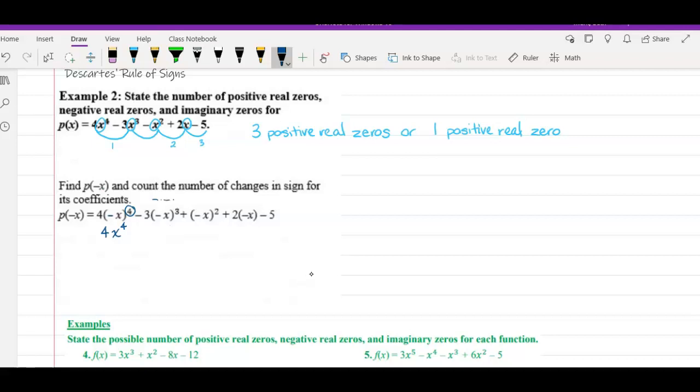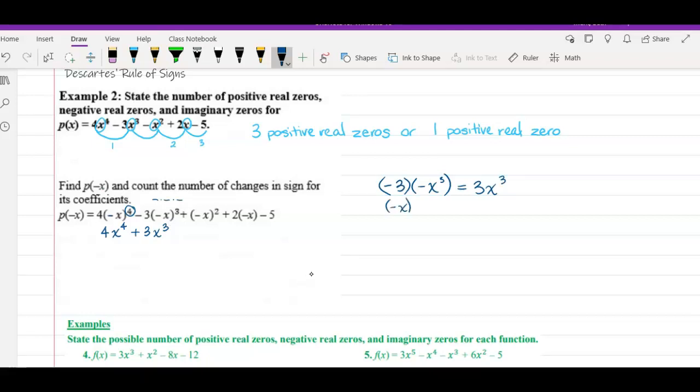Negative times negative times negative is negative x cubed times negative 3 makes positive 3x cubed. Again, I'll put it off to the side. I have a negative 3 times a negative x cubed. That gives me a positive 3x cubed.